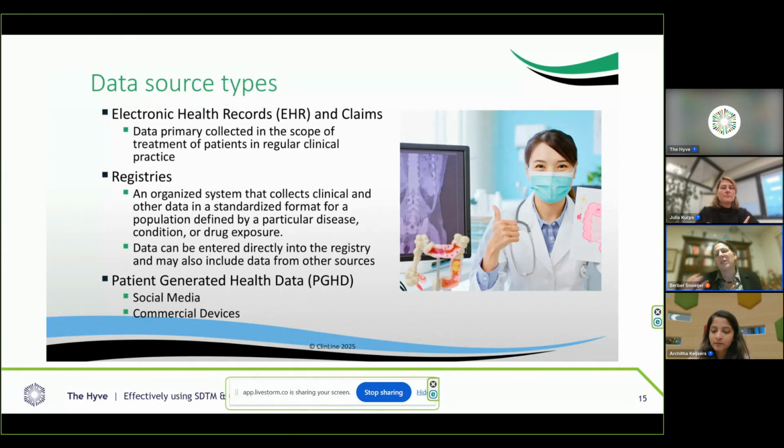And then sometimes the data is directly entered into the registry, or it is combined with EHR data from other sources. And finally, the most difficult real-world data source that you may want to look into for trials is the patient-generated health data. And then you can look at social media data, also commercial device data, etc.